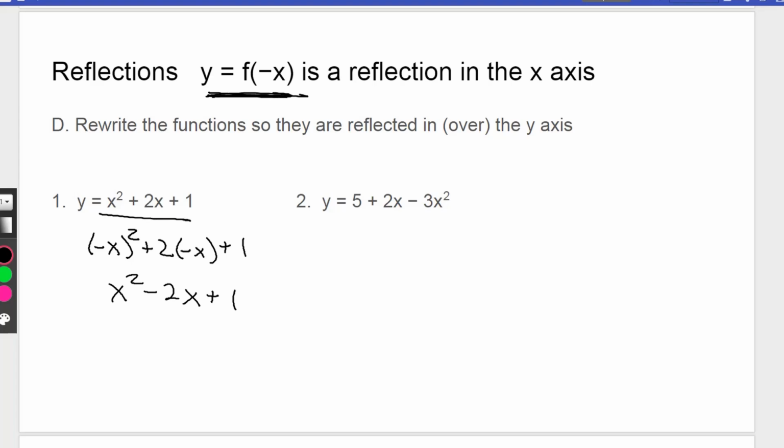Let's take a look at this. If I have this one and this one, are they really reflected over the y-axis? So if I take, let me see if I can get it over here.